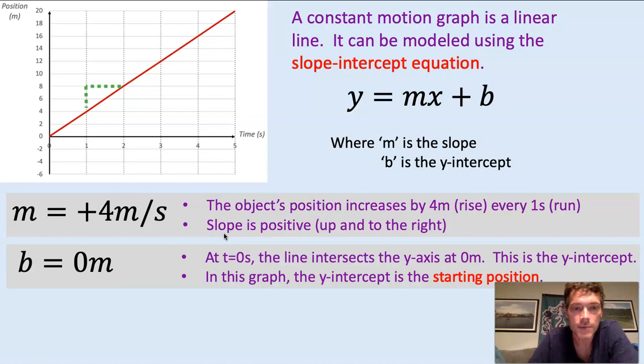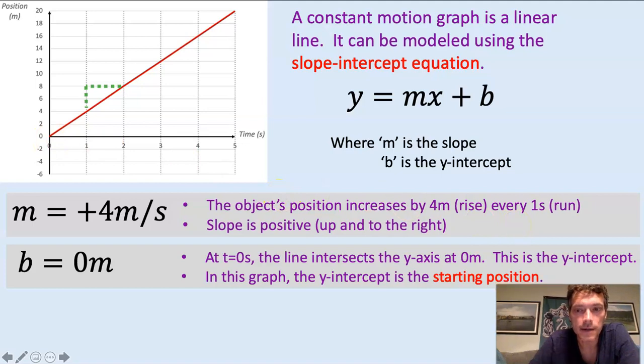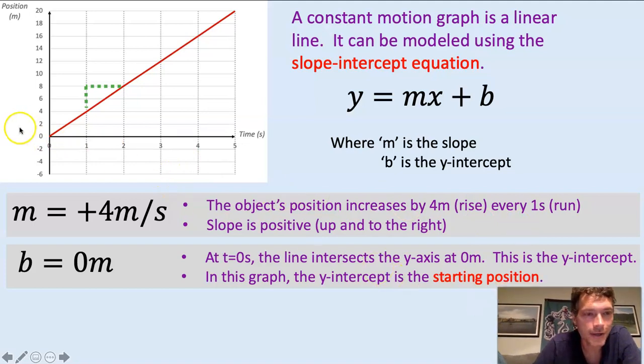The y-intercept, well, that's 0 because at time 0, where does this function intersect the y-axis? It intersects the y-axis at a position of 0 meters. So that's the y-intercept. Something to note here, if you look at the units of meters, that is a unit for position.